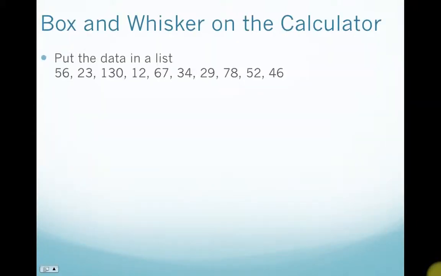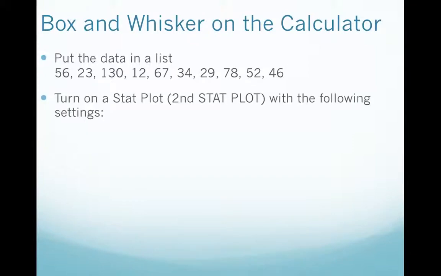We're going to build this on the calculator, and then we're going to discuss it with specific numbers. These data values are already in a list on our calculator, so it should already be in L1 or L2, wherever you put it. We're going to set the stat plot settings. Last time we went into this menu, we were building a histogram.